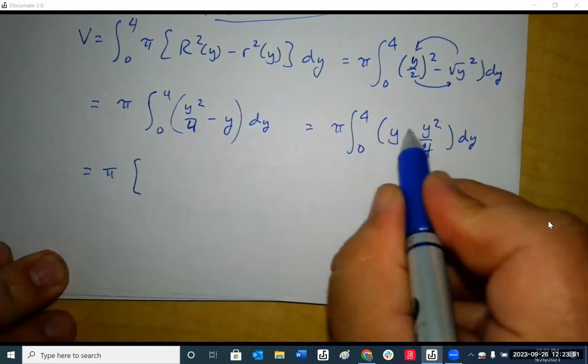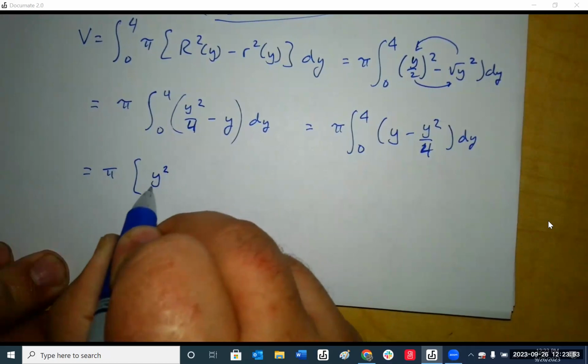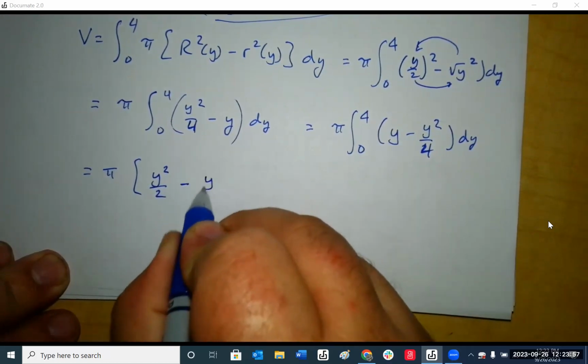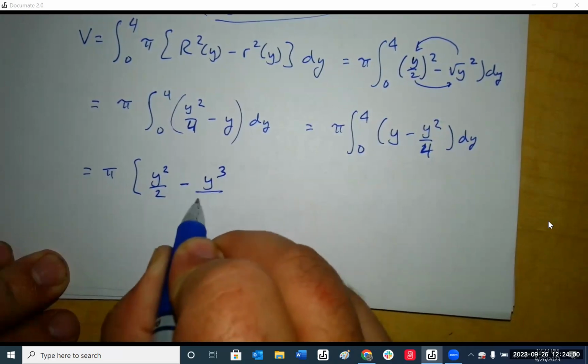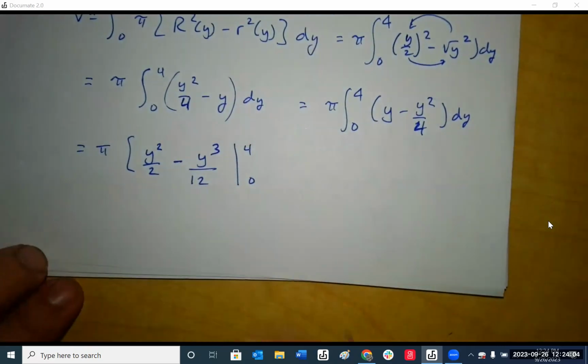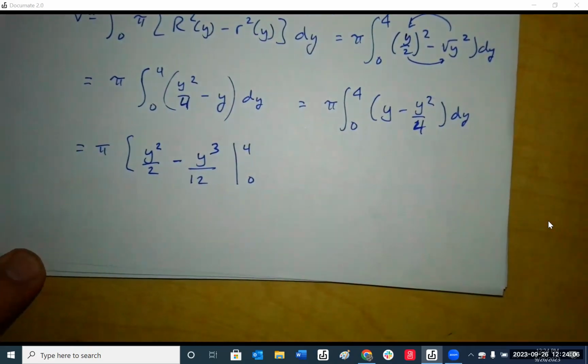Integrate those. Integration of Y is Y squared over 2. Y cubed over 12. Because there's already 4 down there, so we multiply it.